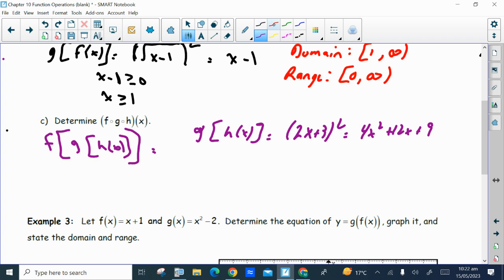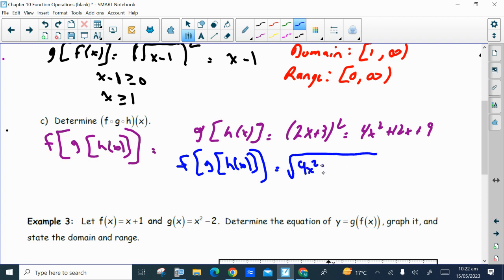And now we will do f at g at h at x, which means that the expression we just got is embedded into f. The f function is the root of x minus 1. So the variable there is replaced with 4x squared plus 12x plus 9.